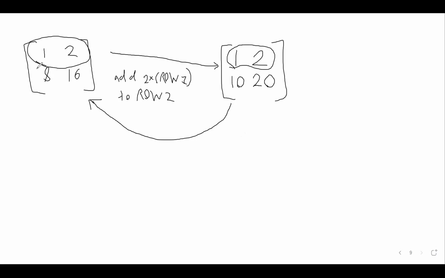If you have row 2 of your matrix and I give you 2 times row 1, then to negate the effect of giving you 2 times row 1, I have to take away 2 times row 1. That's now I need to add negative 2 times row 1 to row 2.